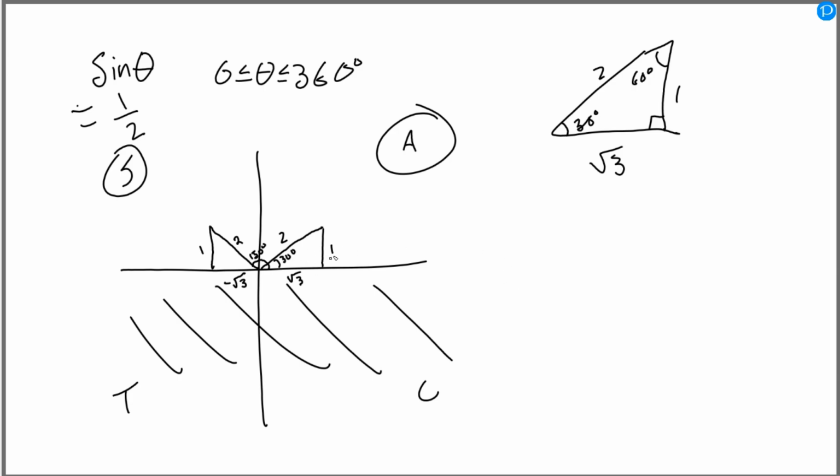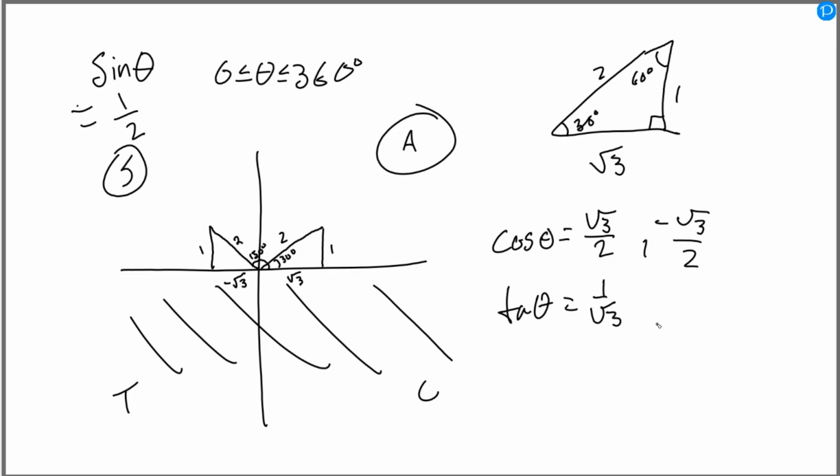Since we've now figured out all the sides, we also know that cos theta can be root 3 over 2 or negative root 3 over 2. You know that tan theta could be 1 over root 3 or negative 1 over root 3. So we've been able to determine some various other solutions.